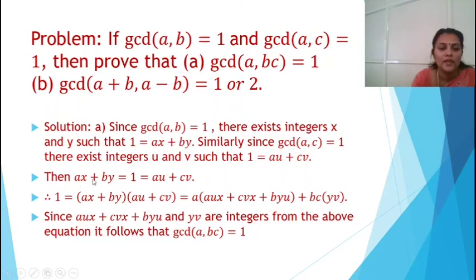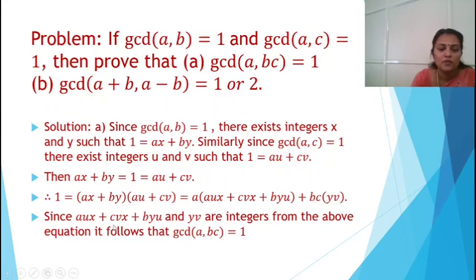Now we have ax plus by equal to 1, which is also equal to au plus cv. So 1 is equal to the product of ax plus by and au plus cv. Here we could write a into aux plus cvx plus byu, plus the fourth term bcyv.